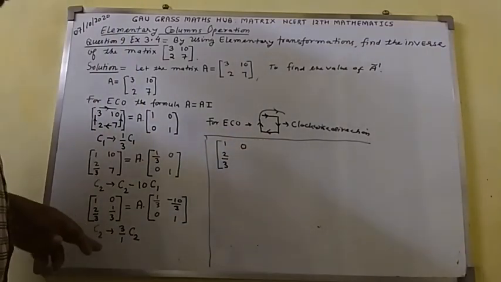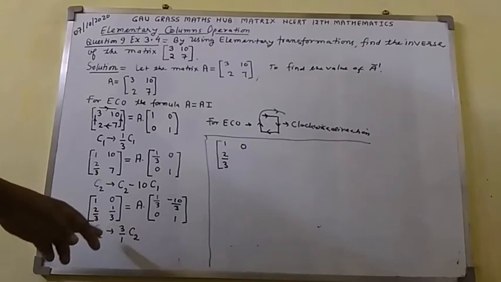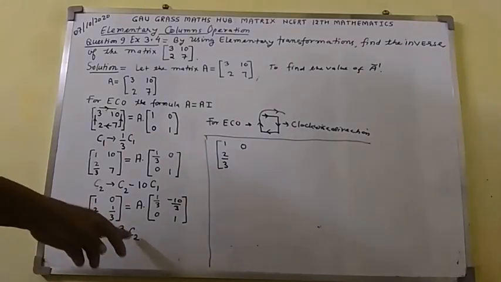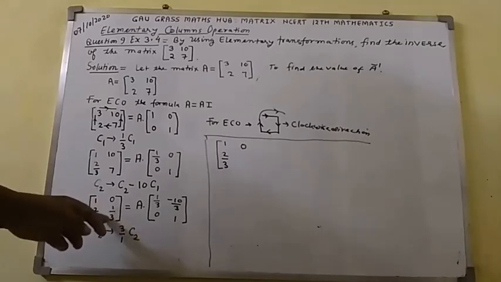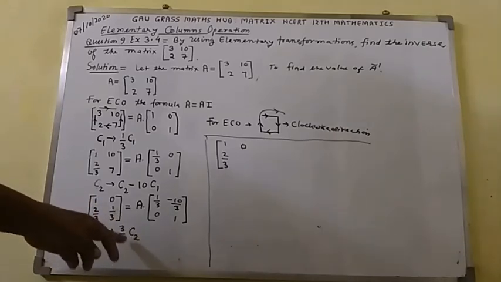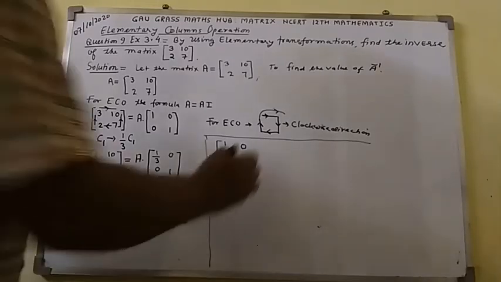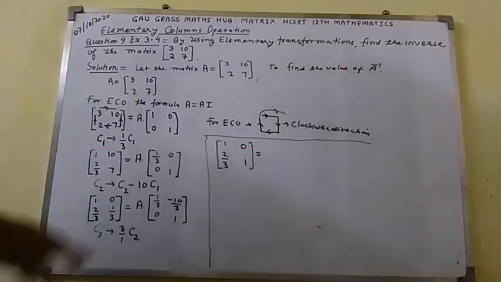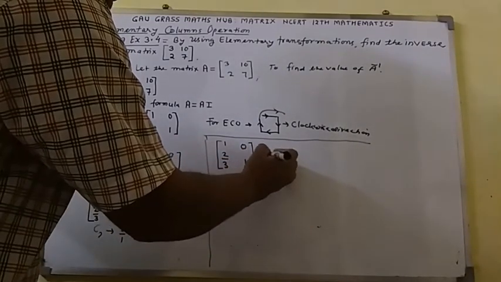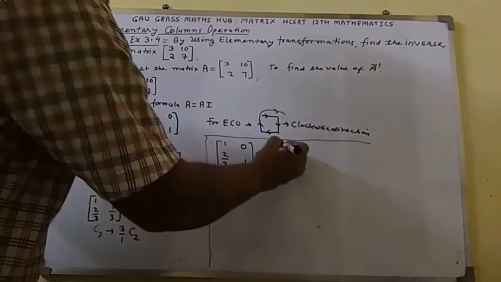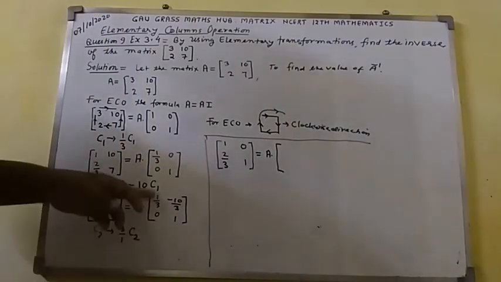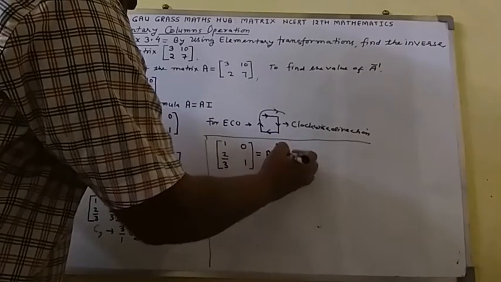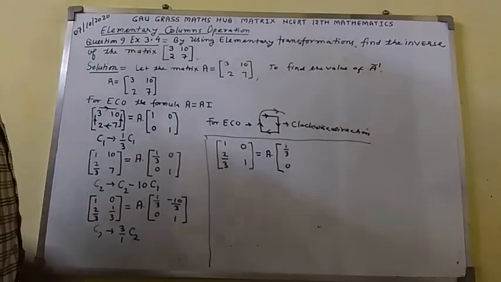And here you can see the value of C2 at this place. The value of C2 will be 1 over 3. The 3 will multiply with 1 over 3 and comes out to 1. So here I shall write 1. Equal to A, I shall write as it is. For this matrix, there will be no changes in the first column, so 1 over 3 I have written as it is, and 0 will be the second element.